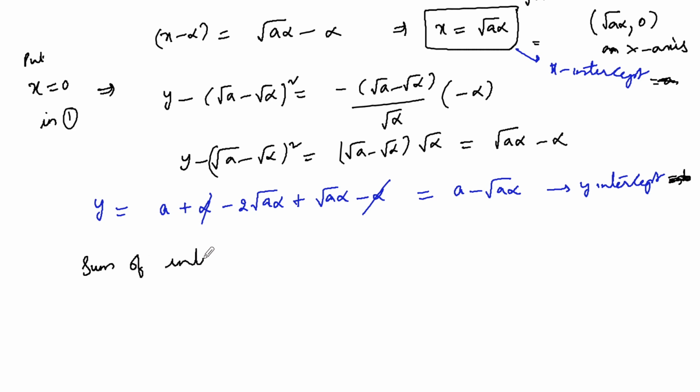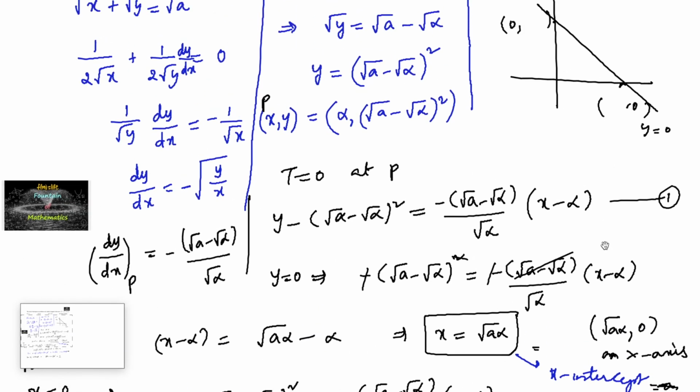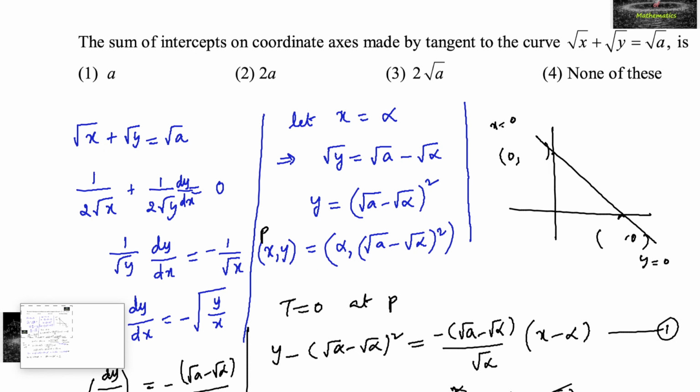Sum of intercepts, which is equal to root of a alpha plus a minus root of a alpha, which is equal to a. So we can go with an option. First option is the answer.